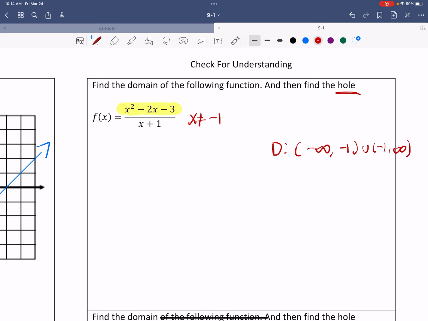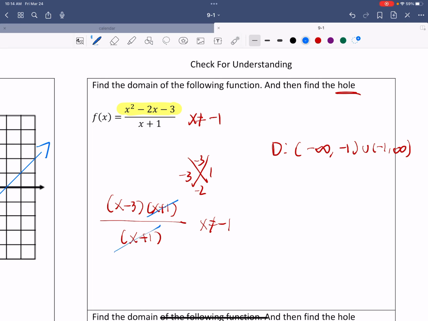Do you see this one? Let's factor this. -3 and +1 will give you this. So you got x minus 3, x plus 1 over x plus 1, right? Where x cannot be equal to negative 1. And as you can see, these two will be canceled out. So you got y equals x minus 3, okay?